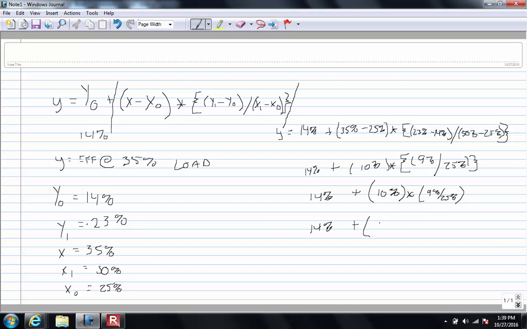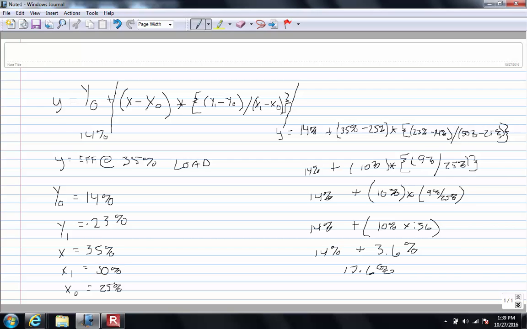This works out to 10% times 0.36, 14% plus 3.6%, 17.6% is our answer by running it through the equation.